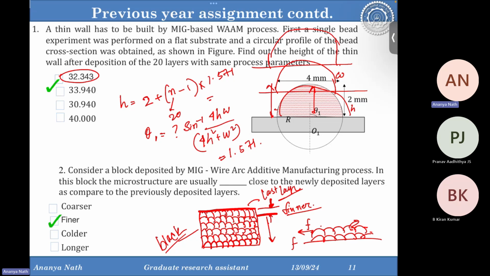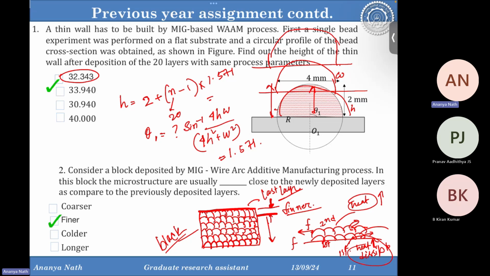As you have deposited the second layer onto the first layer, the heat will be dissipated from the second layer very fast. But the heat contained in the first layer will not get dissipated at a very high speed. The heat is high, but dissipation is low.